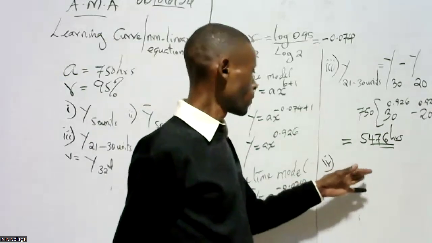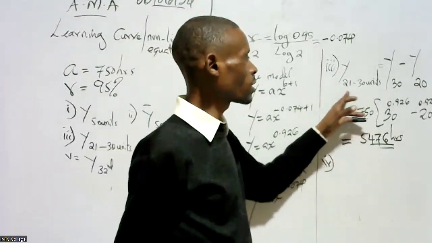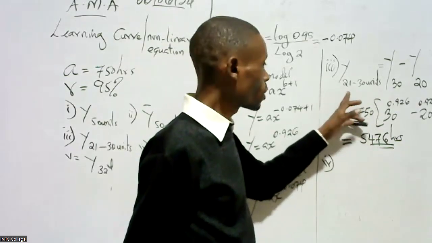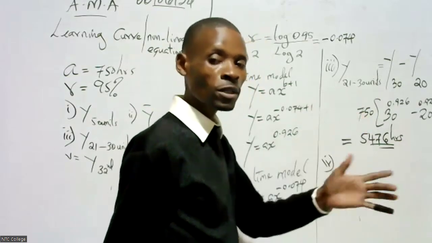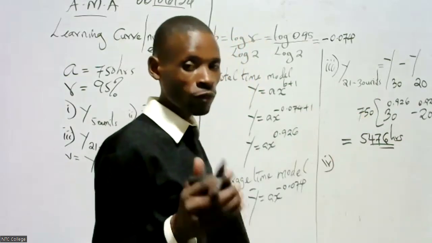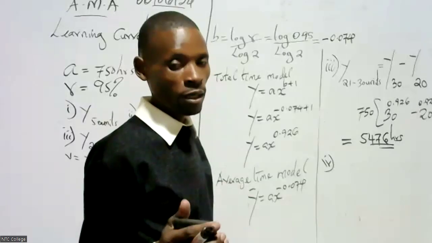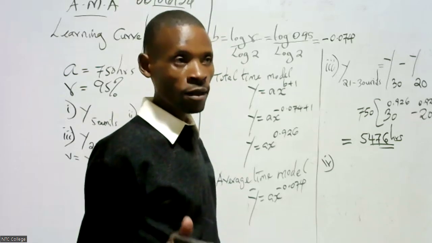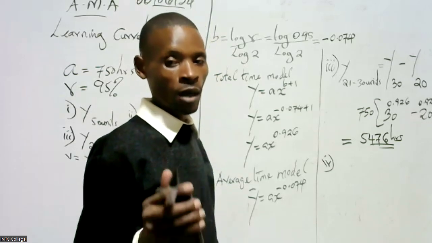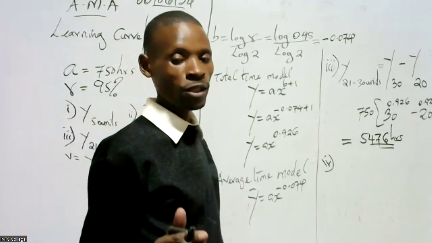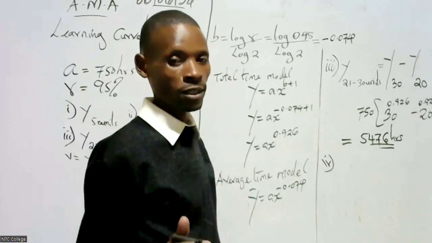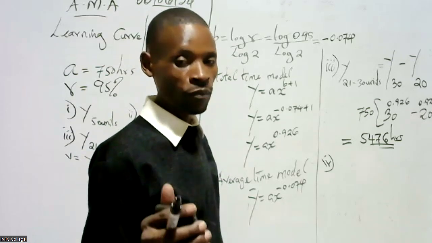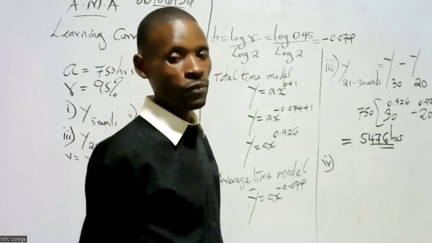When you have been given the cumulative units, 21 to 30, and you are told to determine the average, don't use the formula. Because if you use the formula, you'll get negative hours, and practically we know that we don't have negative hours. So that means you use the literal way.